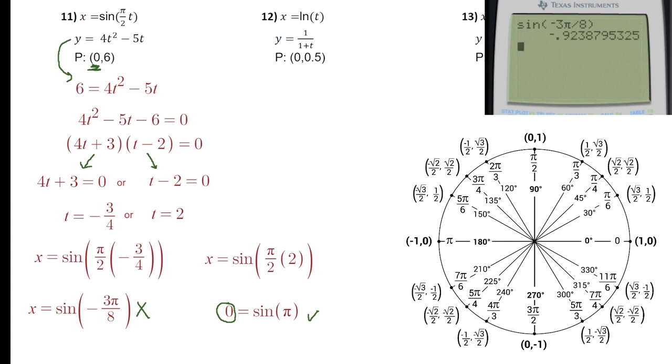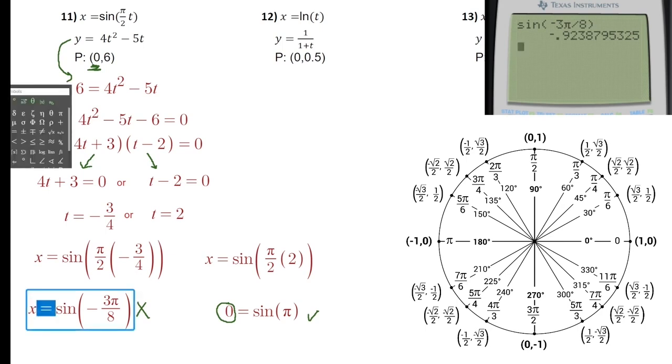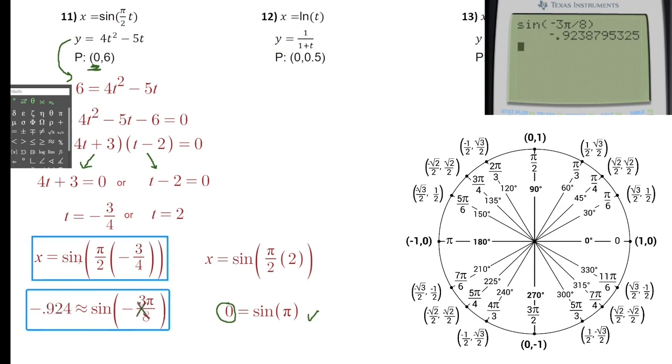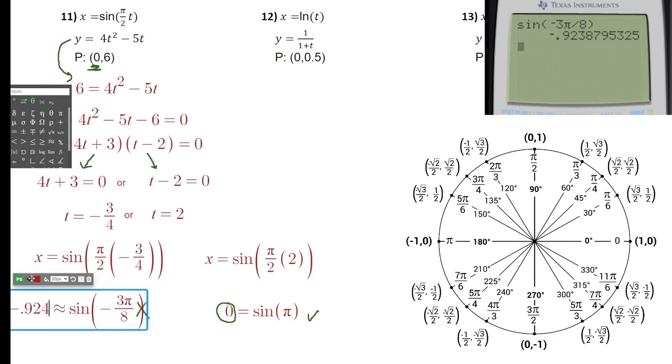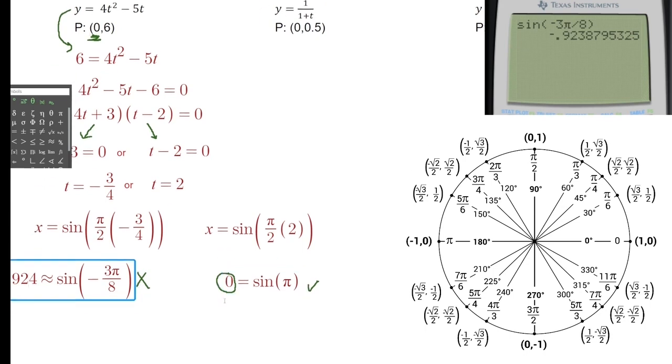Ooh, it's even closer to 3 pi over 2 than I thought, so negative 0.9. It's approximately negative 0.924. All you really need to know is that it's not 0, so it's not going to be a solution. So the only solution that we end up with here is t equals 2.